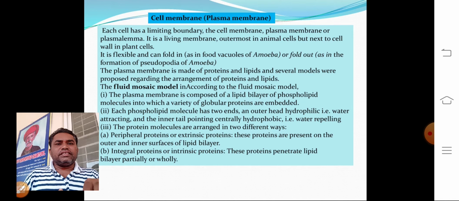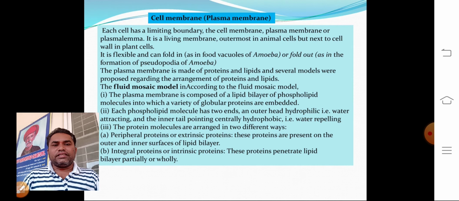Each cell has a limiting boundary: the cell membrane or plasma membrane or plasma lemma. It is a living membrane, outermost in the animal cell, but next to the cell wall in the plant cell. When you take a plant cell, it is found after the cell wall, whereas in the animal cell it is the outermost layer.